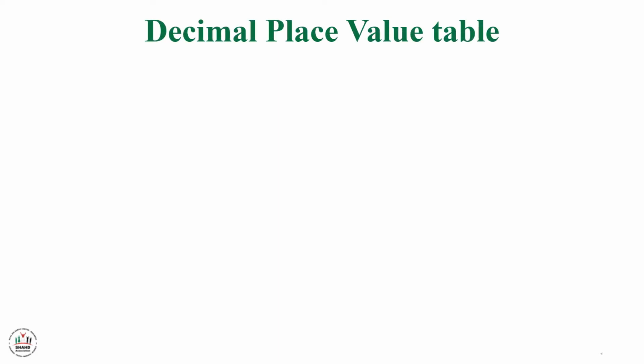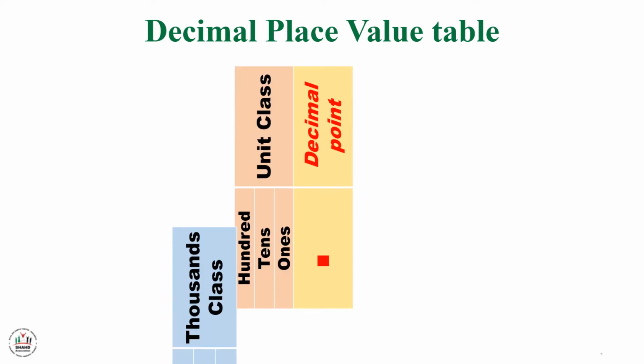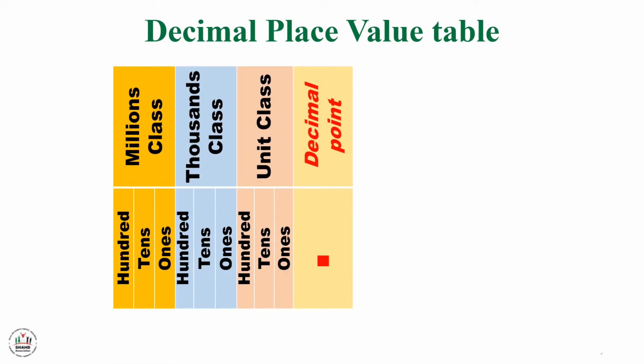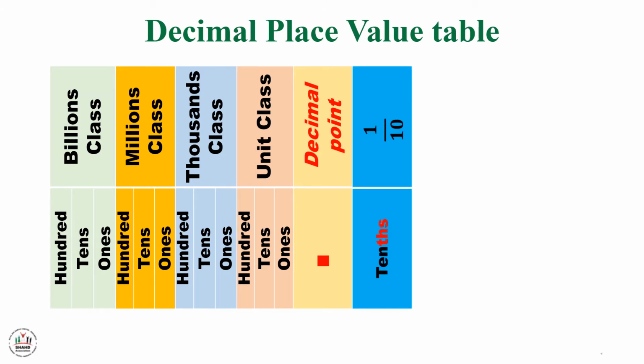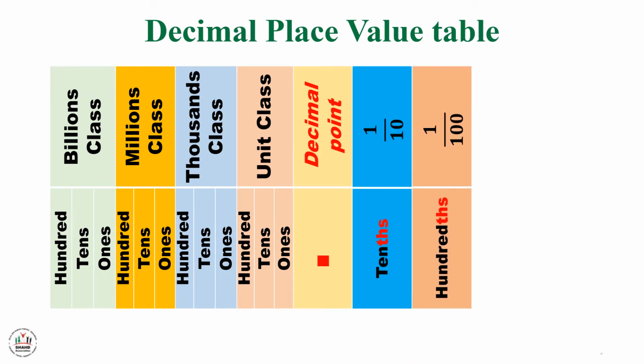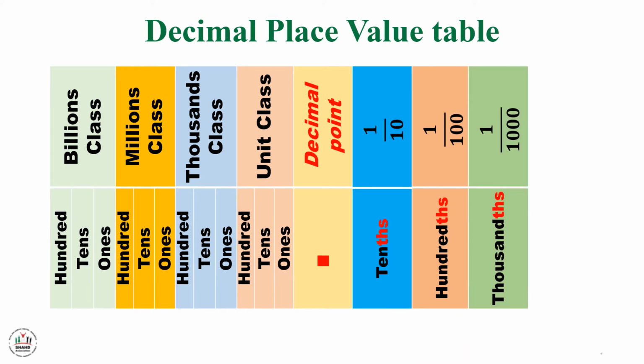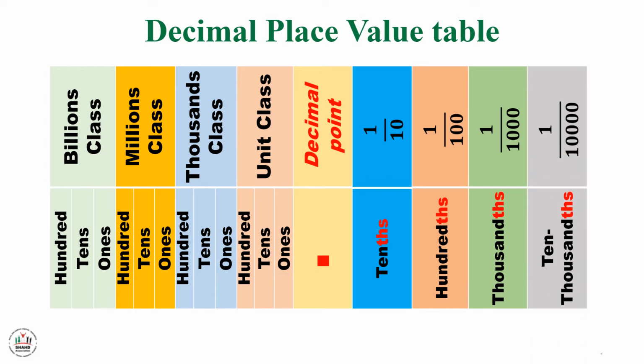Now, let's see how we represent the place value table for a decimal number. This is a decimal point. To the left of the decimal point we see the units class, thousands class, millions class, and billions class, while to the right of the decimal point we see tenth, which is equal to 1 over 10, hundredth, which is equal to 1 over 100, thousandth, which is equal to 1 over 1000, and 10,000th, which is equal to 1 over 10,000.